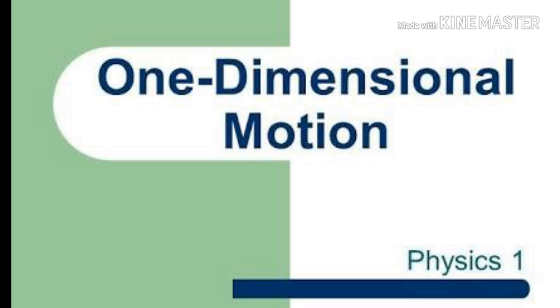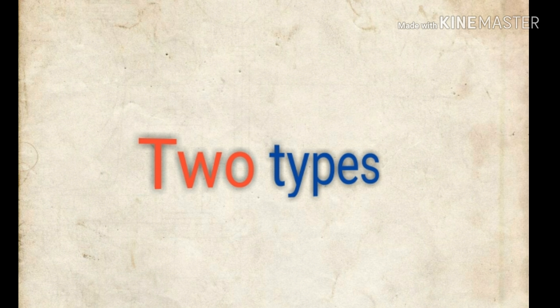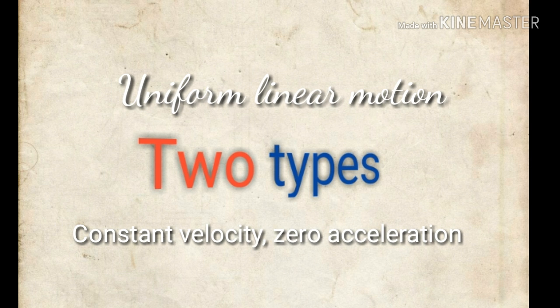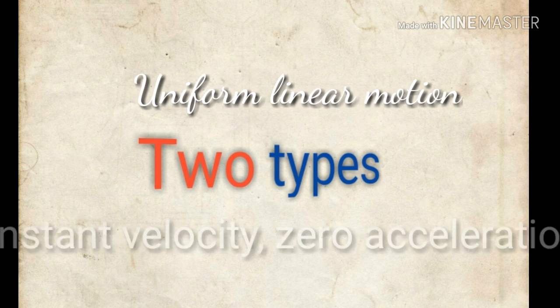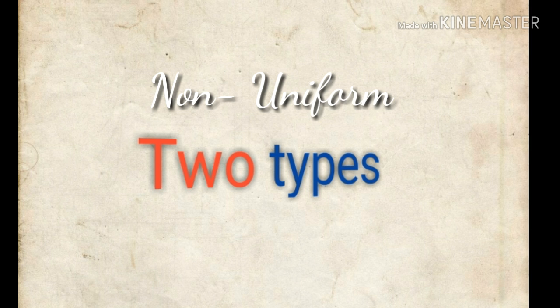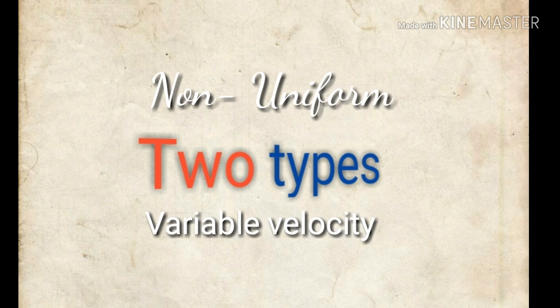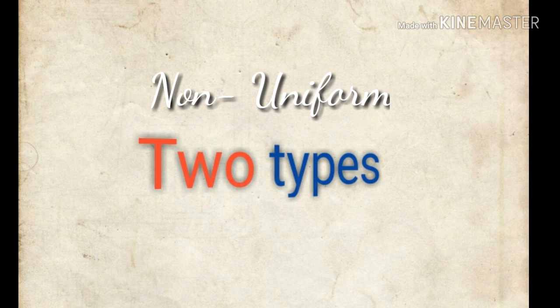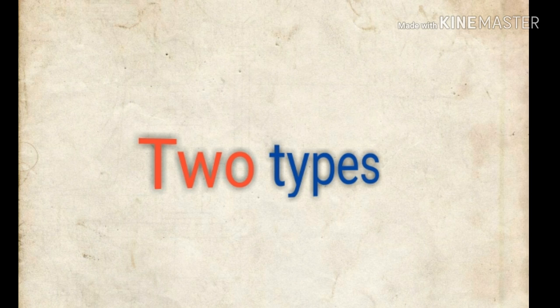That is, it is 1D. Linear motion can be of two types: uniform linear motion with constant velocity or zero acceleration, or non-uniform linear motion with variable velocity or non-zero acceleration.